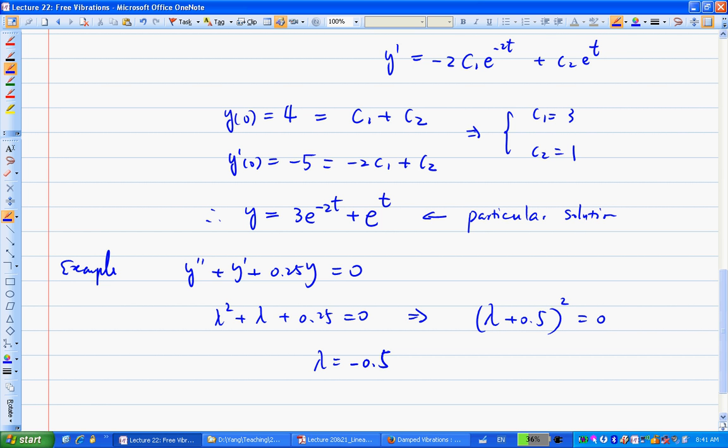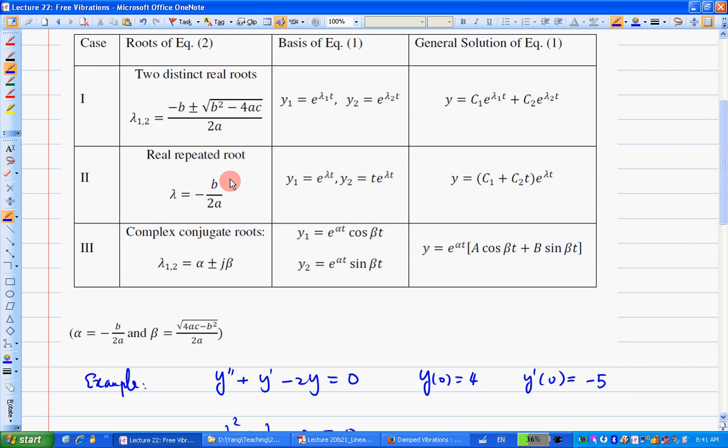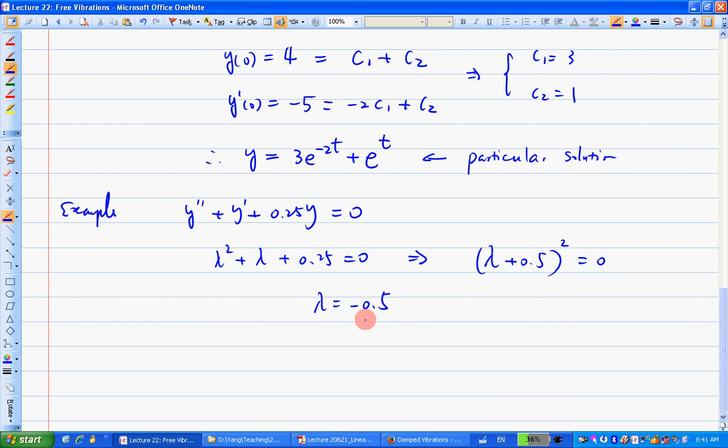So in this case here, which case are we dealing with? Second case. Right. So you got two repeated roots. And lambda is this. So in other words, your general solution y is C1 e negative 0.5 t plus C2t e negative 0.5 t.